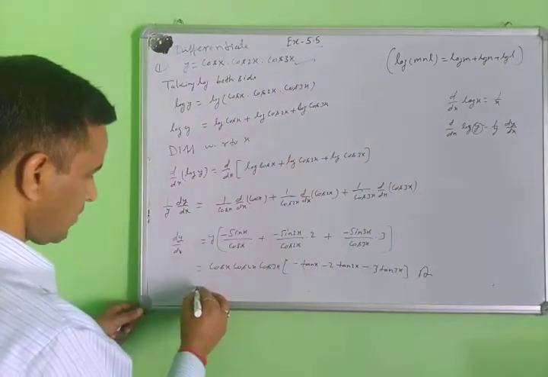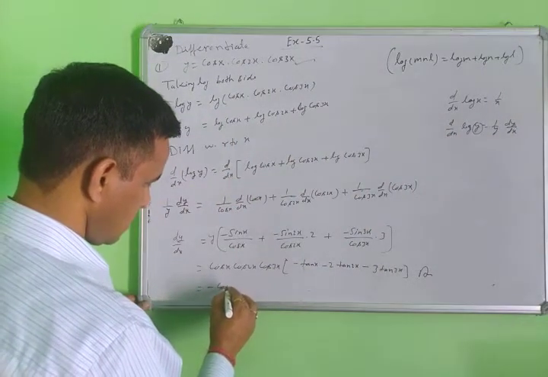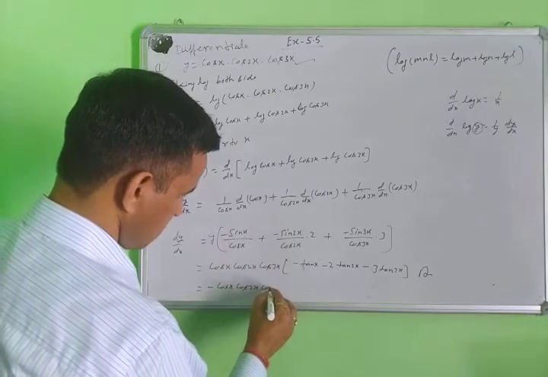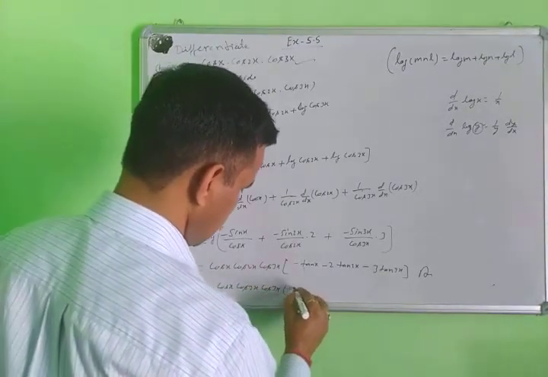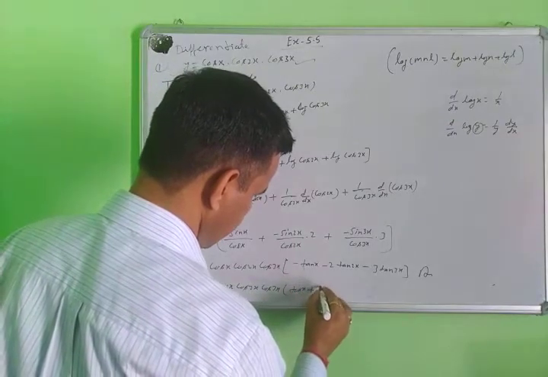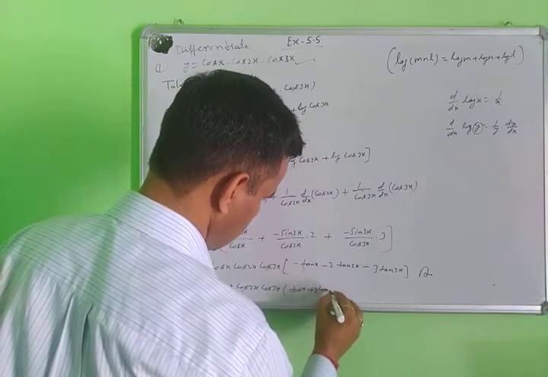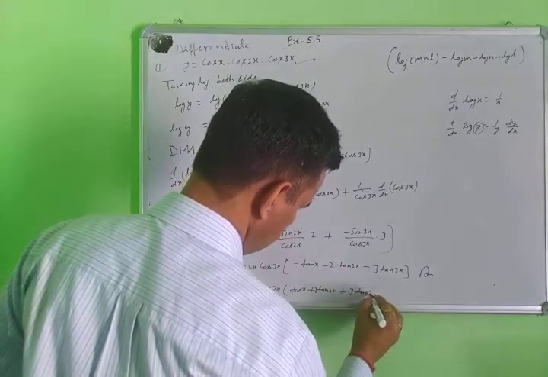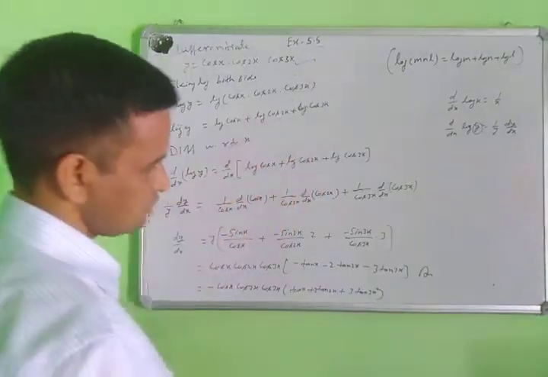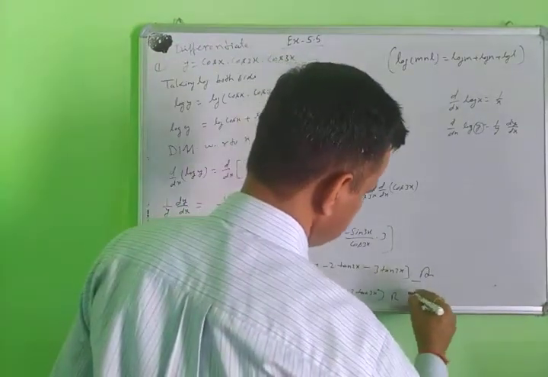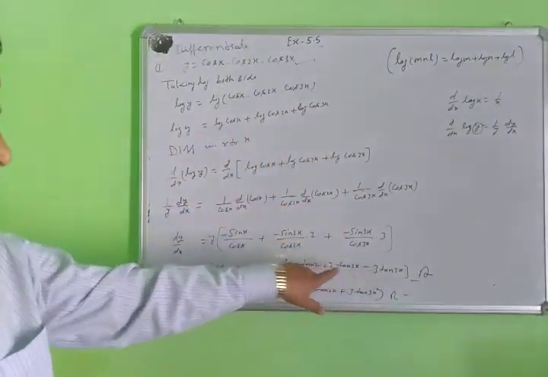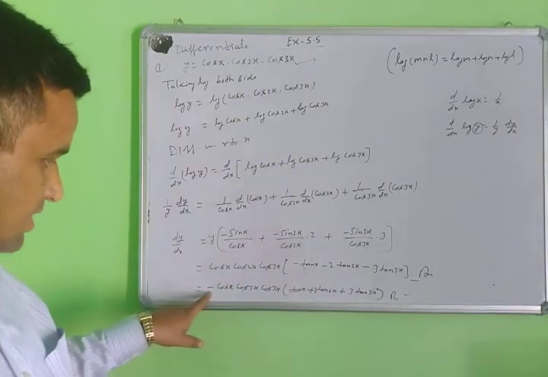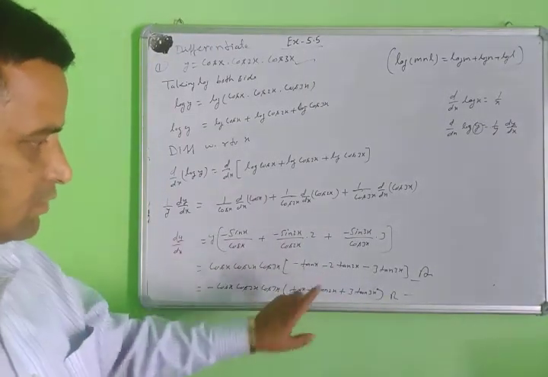Otherwise, take the minus sign common: minus cos x, cos 2x, cos 3x times tan x plus 2 tan 2x plus 3 tan 3x. This is your answer. Both forms are fine, it does not matter. In one I am keeping the minus sign, and in the other I take the minus sign common for the final answer.